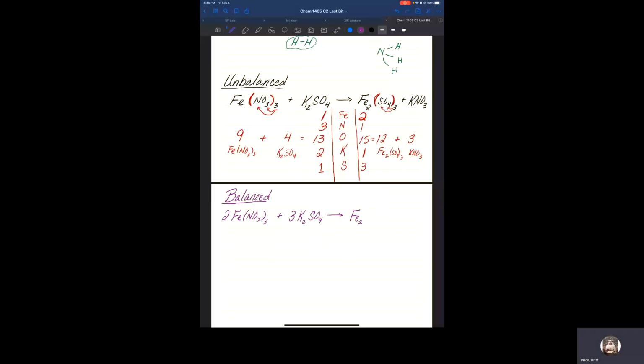And let me rewrite that one, sorry. So 2 and SO4 3 times, and then 6 KNO3s. Yes. Prove that to yourself that it's balanced.